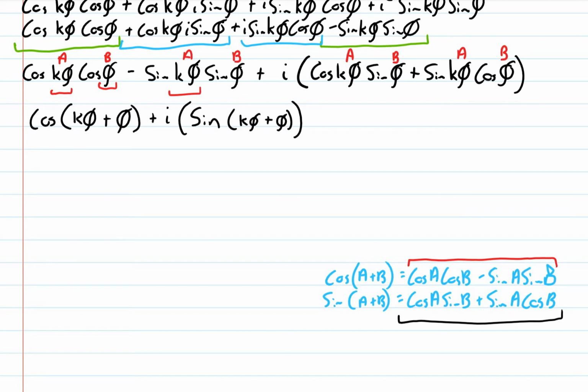If I just factorize out the thetas now, I have cos, factorize out the theta and I get k plus 1 theta outside. So that is the same as that really. I just factorized out the theta.